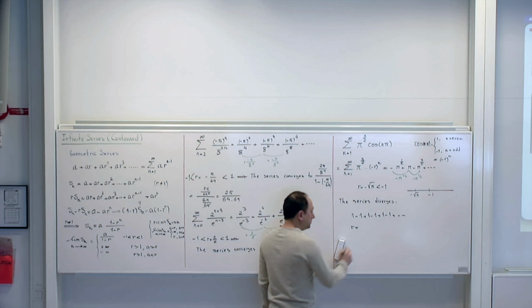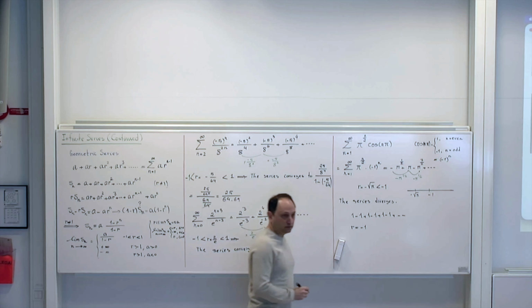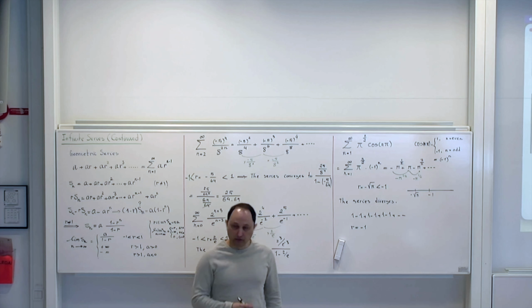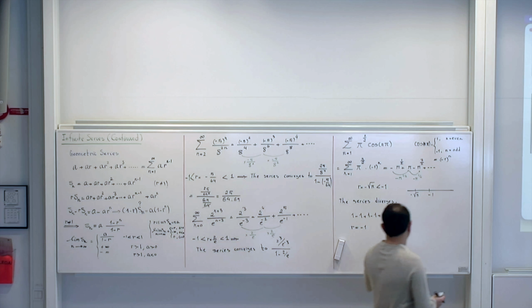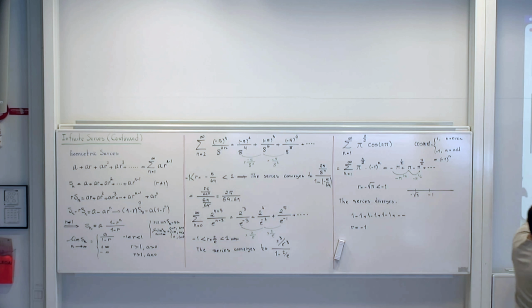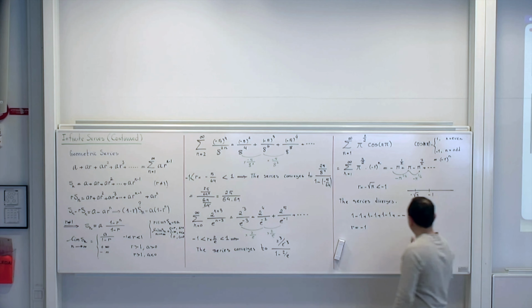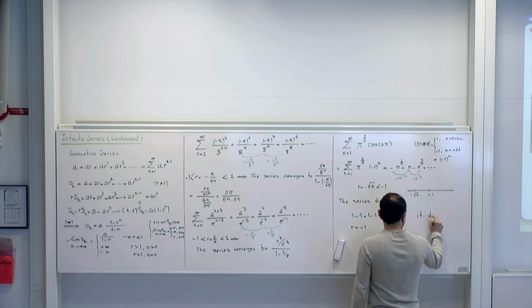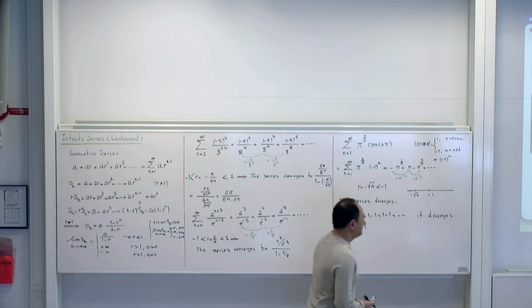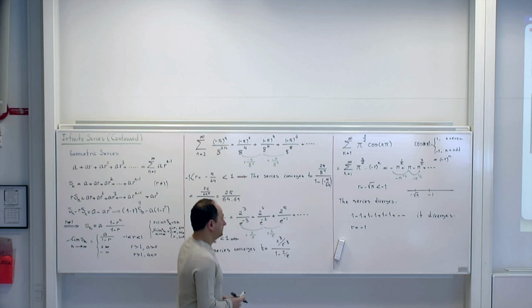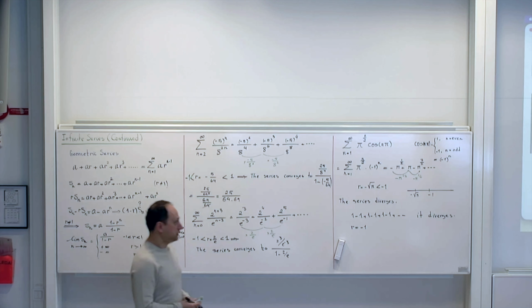The common ratio is minus 1. Okay, so it cannot converge. So the common ratio is minus 1 and A is not equal to 0. So it diverges. Yes? Okay, so that was very simple.